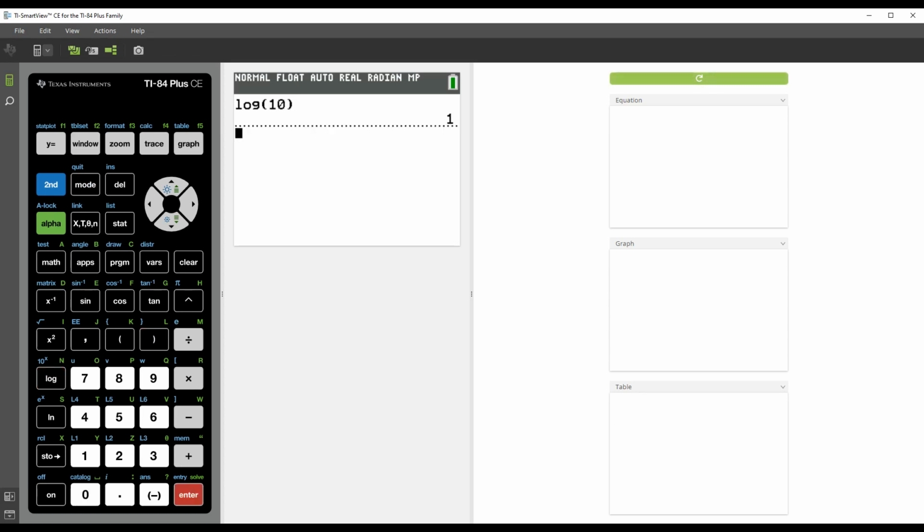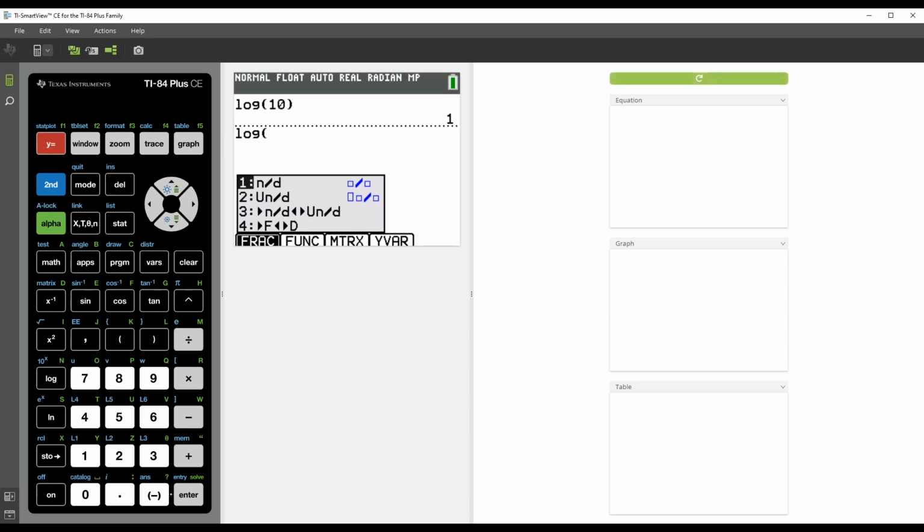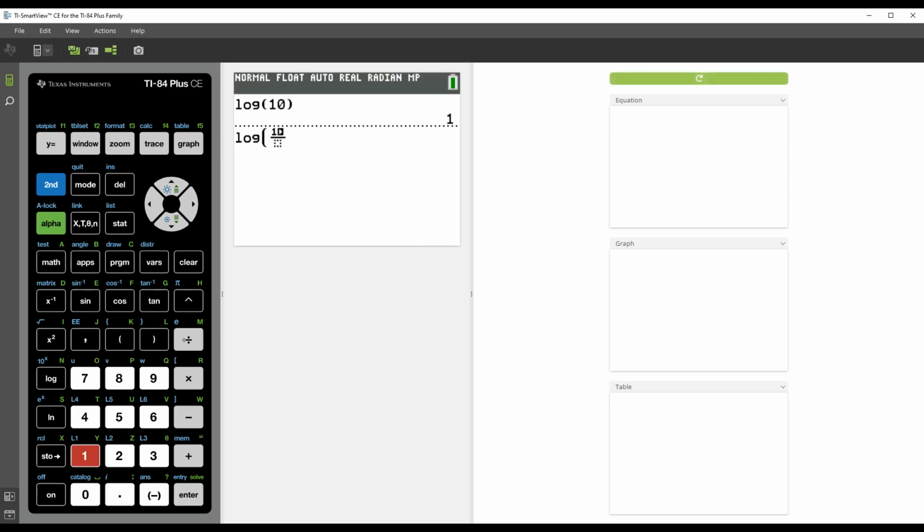The first one is 1. Log, now I want to say 1/3. You can use alpha f1 to make the fraction, and then you can say 1 over 3. Make sure you go over, close your parenthesis, and it's negative 0.477. Log 2.5 in parentheses. It's that easy.